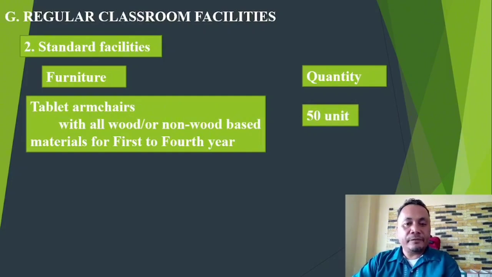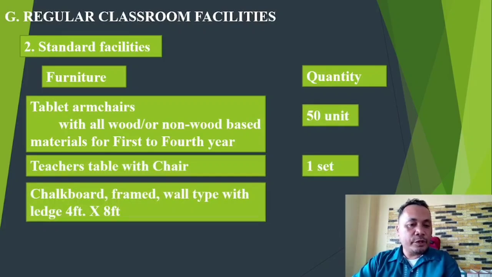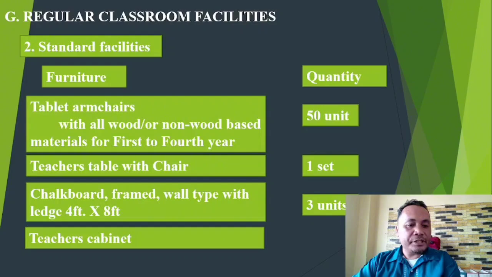So 50 units. Teacher's table with chair, one set. Chalkboard frame, all types with leads, 4 feet by 4 feet by 8 feet. Another table, teacher's cabinet.